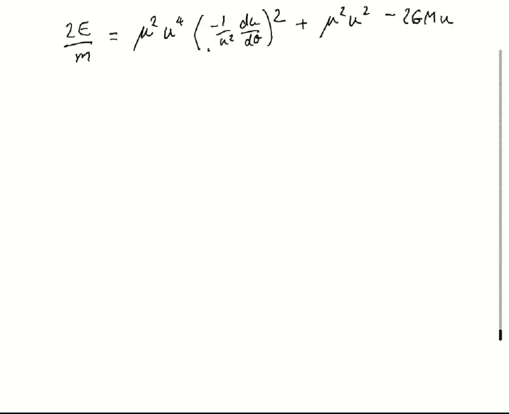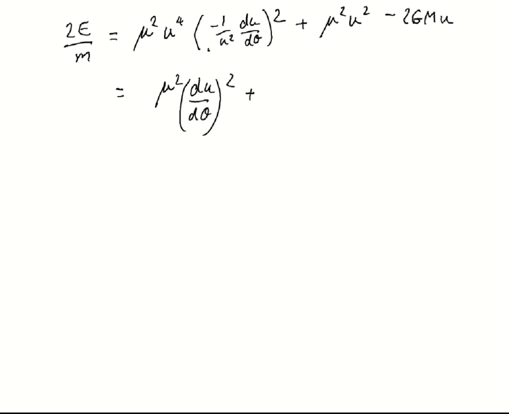Already things are starting to go really nicely because look, what have I got? In that first term there, first of all, the minus sign evaporates with squaring. Secondly, we've got a u to the 4 divided by u to the 4. So that goes away. So I've now got du d theta squared plus mu squared u squared minus 2gmu.